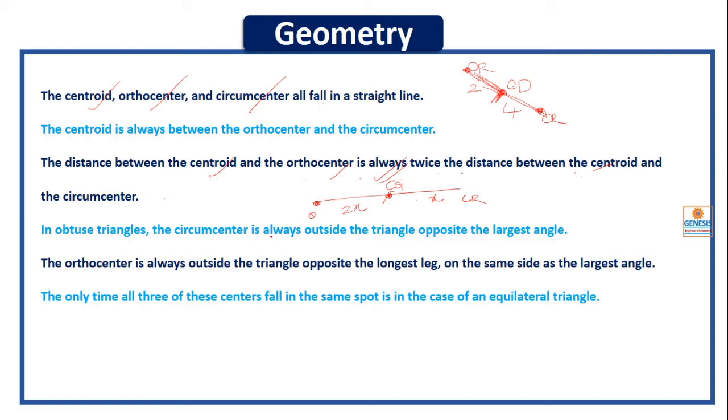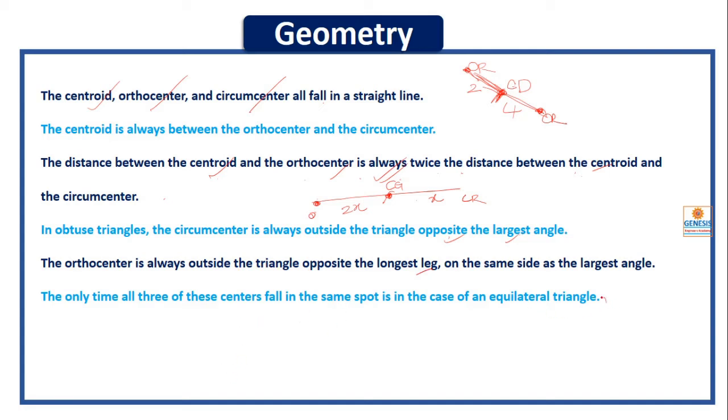In obtuse triangles, the circumcentre is always outside, that we have known, but it is opposite to the largest angle. The orthocentre is always outside the triangle, opposite to the longest side.